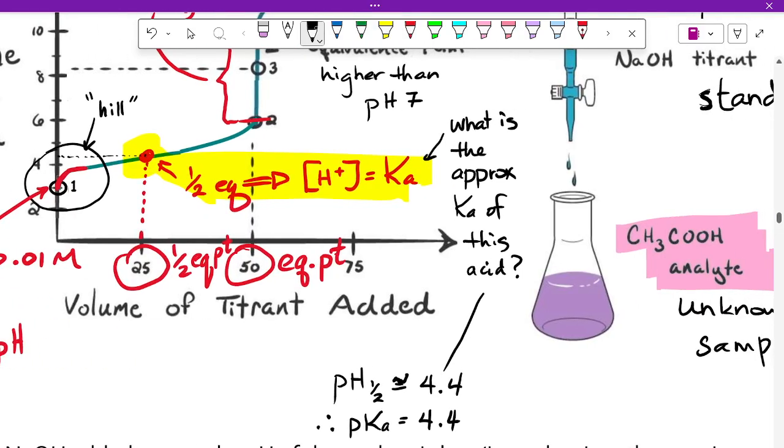And if the pKa is 4.4, then our Ka is equal to 10 to the negative 4.4, which is 3.98 times 10 to the negative 5, so 4 times 10 to the negative 5.